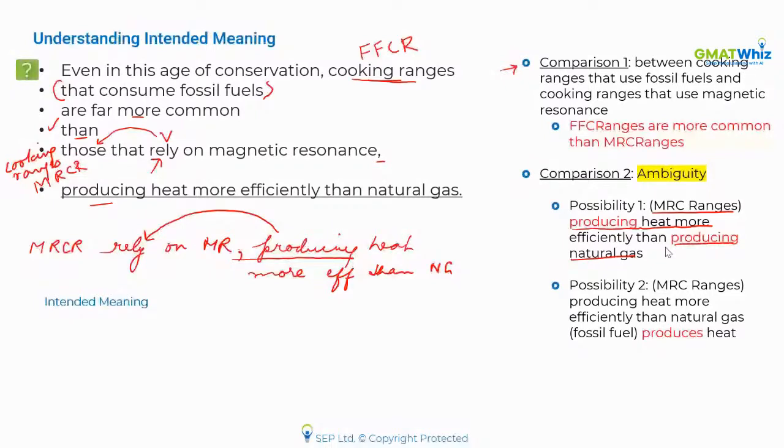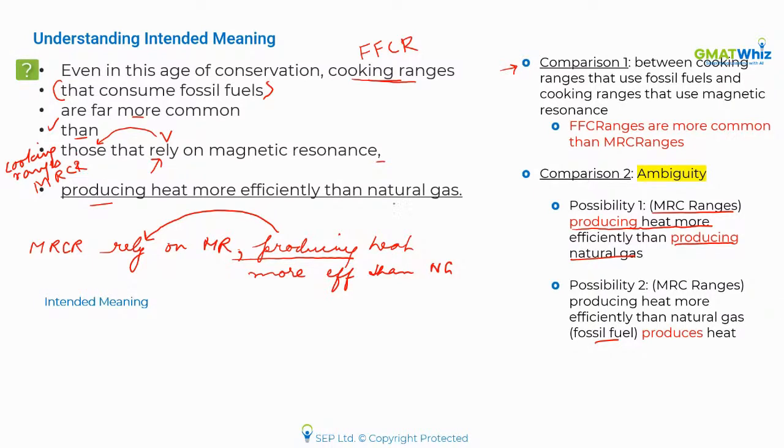Natural gas is a fossil fuel. That natural gas produces heat. And if you really think about the entire sentence, the author seems to be surprised at the fact that even in this age of conservation, the fossil fuel cooking ranges are more common. All right, even though the magnetic resonance cooking ranges are more efficient at producing heat than the fossil fuel cooking ranges.